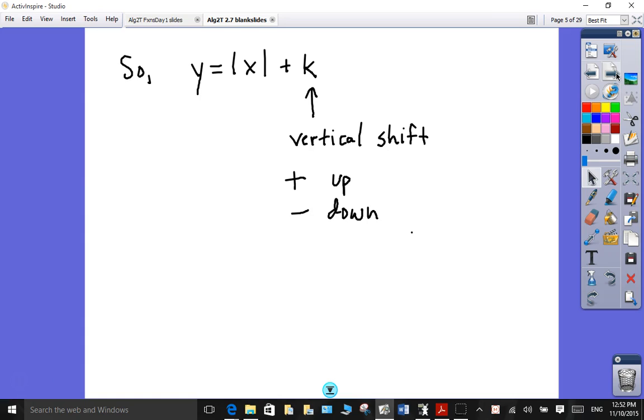If this number is positive, you're going up. If it's a minus a number, then it's down.